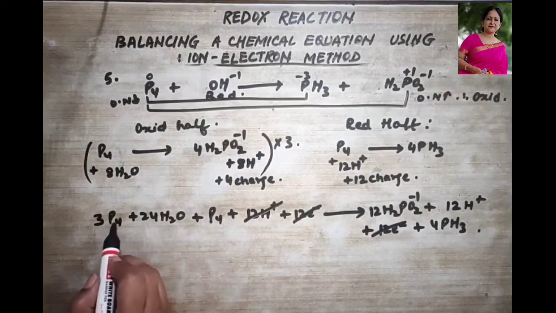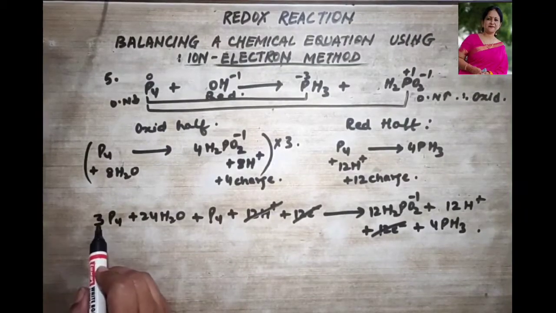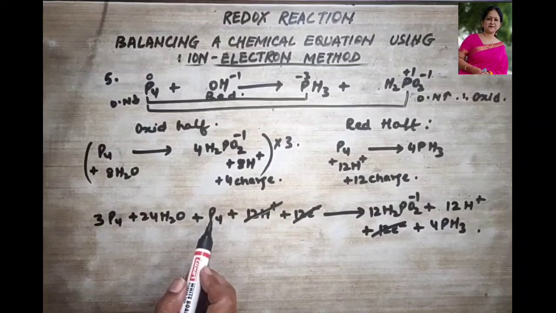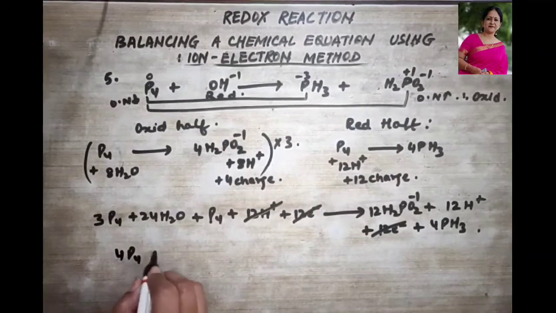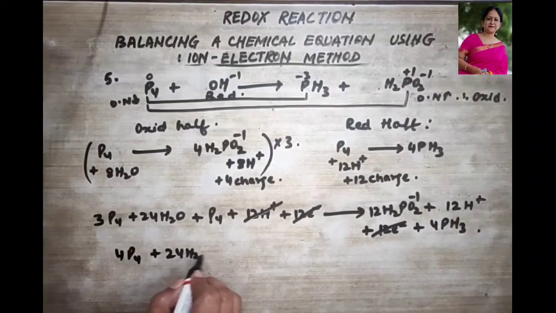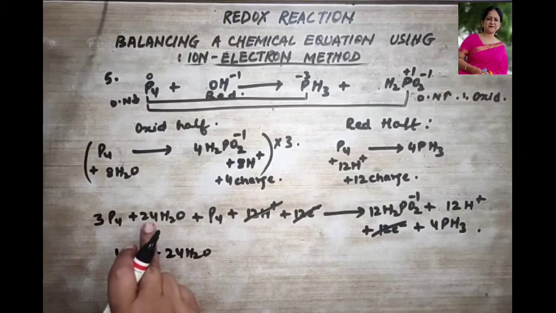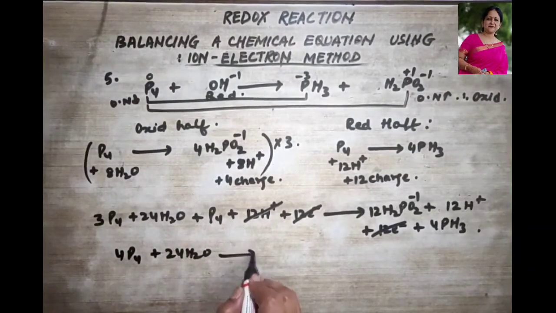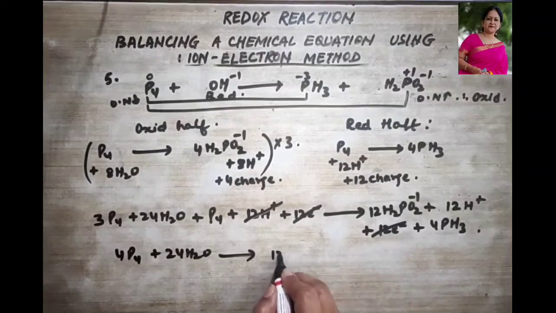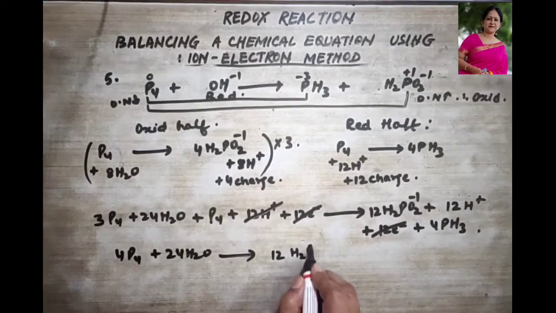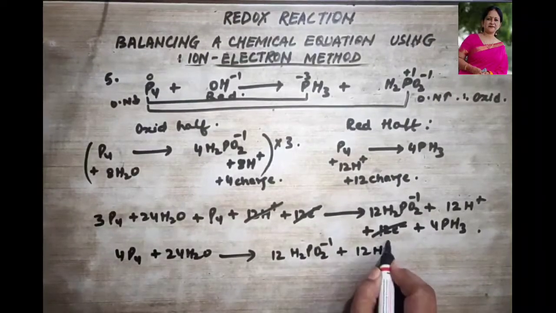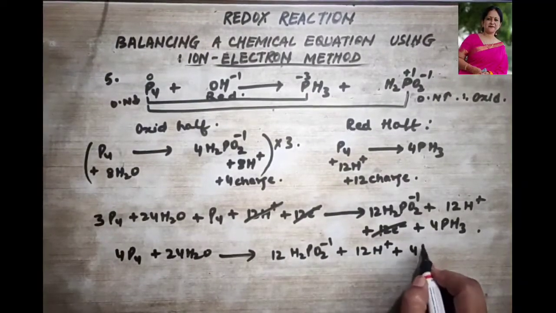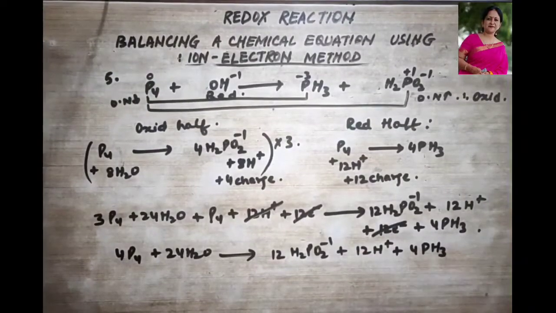Now phosphorus is here also and phosphorus is here also. So 3 phosphorus plus 1 makes 4 phosphorus. So let's write down the new equation. 4P plus 24H2O gives us 12 H2PO2 minus 1 plus 12 hydrogen ions plus 4 PH3.